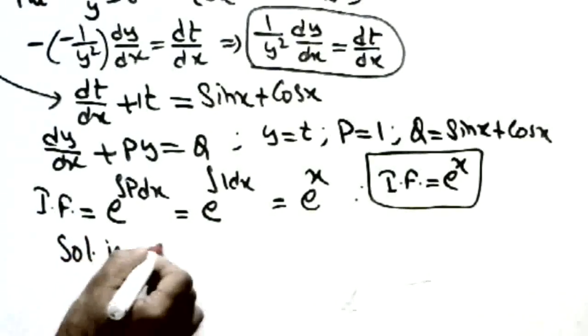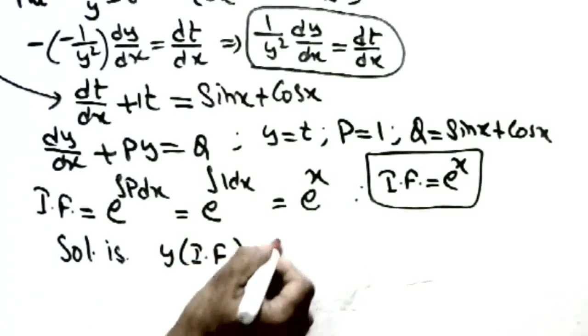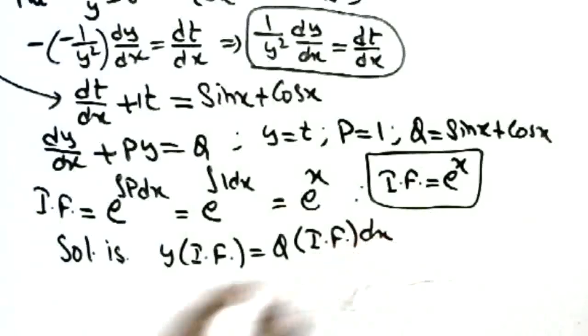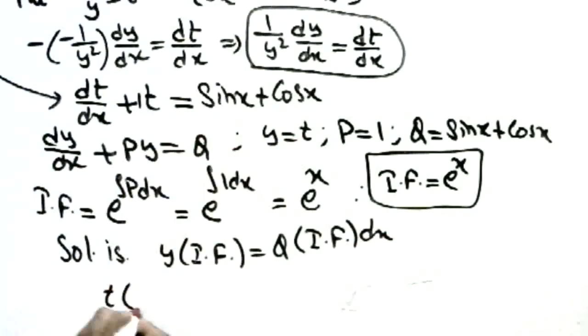Now the next step is the solution. The solution is y into integrating factor equals integration of q into integrating factor dx. Now in place of y, we are having t.